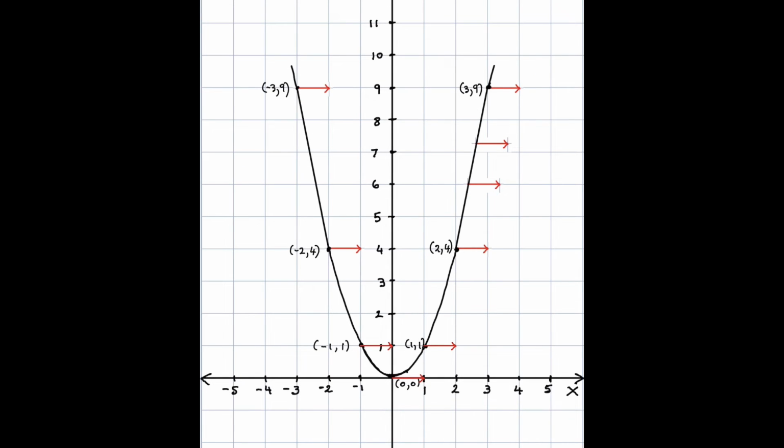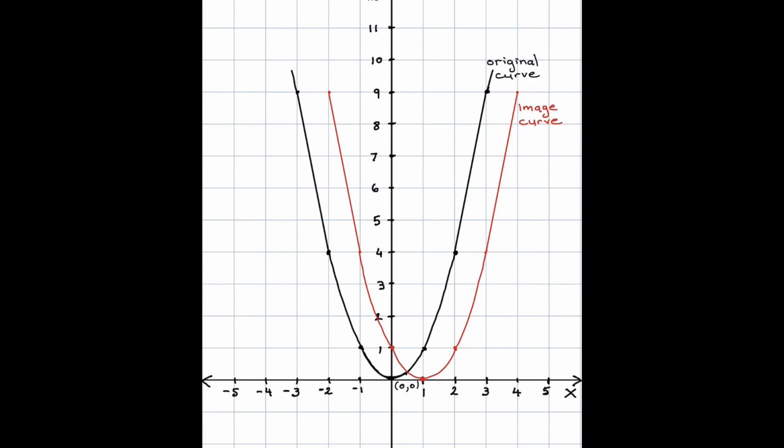Here are a few of the image points. 0, 0 becomes 1, 0. 1, 1 becomes 2, 1. 2, 4 becomes 3, 4. 3, 9 becomes 4, 9, and so on. Here we see the original curve and its image after a translation of one unit to the right.